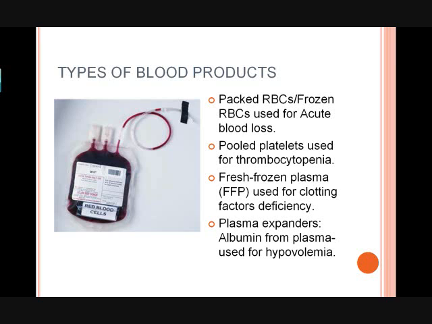One unit of packed red blood cells is about 250 to 350 milliliters. Examples of why you would have thrombocytopenia would be as a result of vitamin K deficiency, liver disease, excess coumadin in the body, hemorrhage, or DIC.